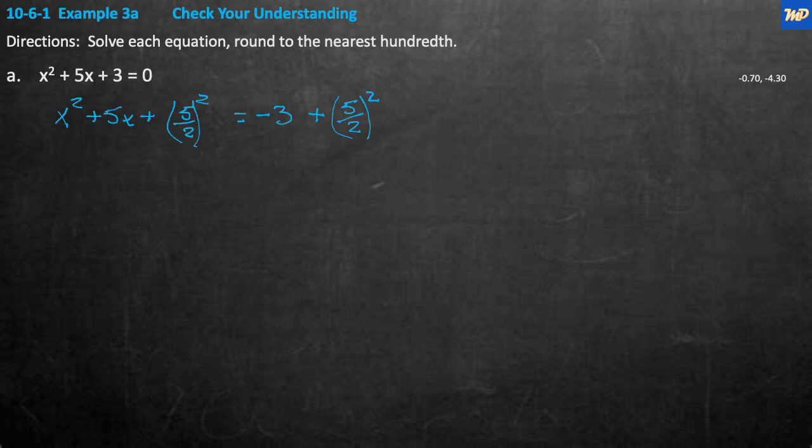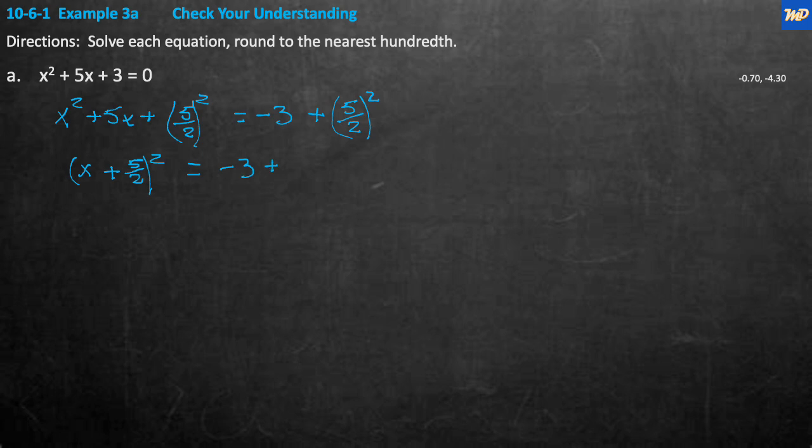So then I can get the sum of squares here. So I'm going to say x plus 5 halves squared is equal to minus 3, and it's plus what?